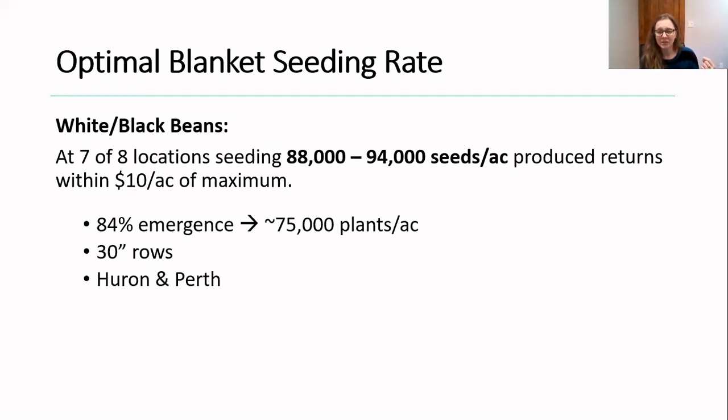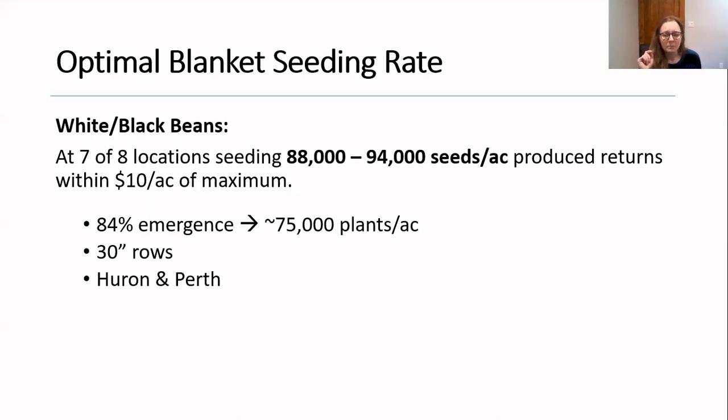On one other location, it was a dry location, and it was low yielding, and the lowest seeding rate was the most economic. And I would never recommend you seed 44,000 seeds per acre. So 88 to 94,000 seeds per acre is again a little lower than what, say, the OMAFRA recommendation is for white beans on 30-inch rows.